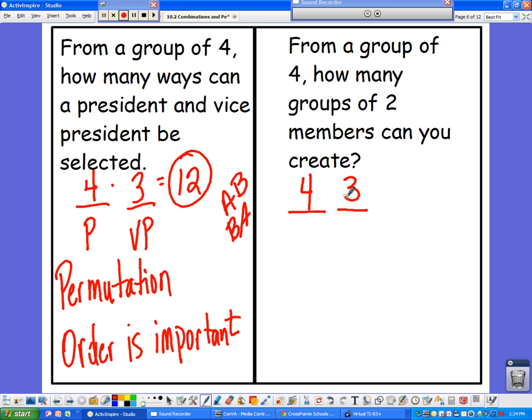And if I multiply those, I still get 12. But remember, if we had person A first and then person B, if we're just choosing them as a group, the order is not important in this case.